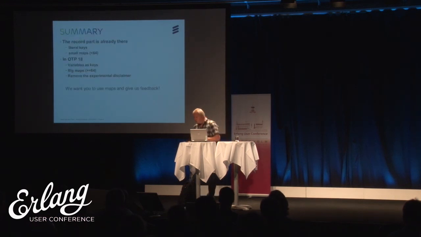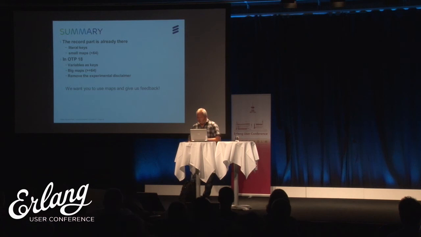So, this is a summary then. The record part is already there. You can have literal keys, you can have small maps. In OTP 18 you will get variables as keys and you can have big maps. And we will remove the experimental disclaimer.